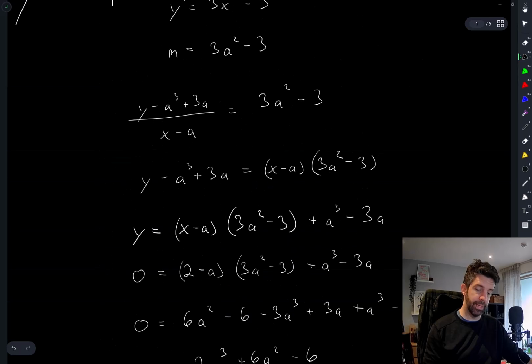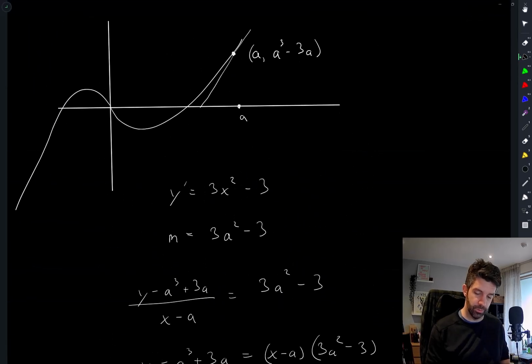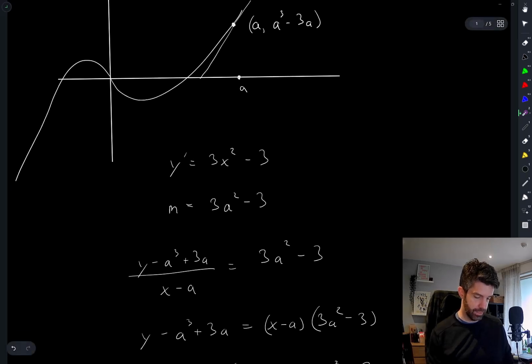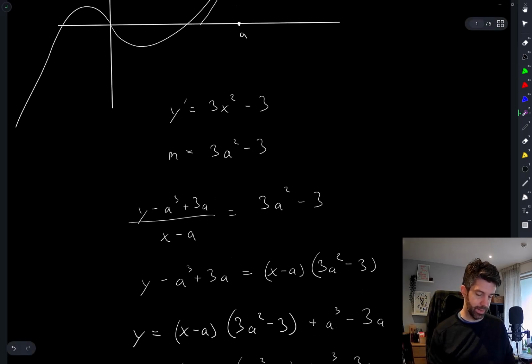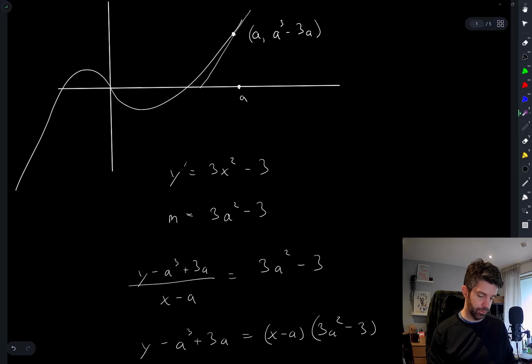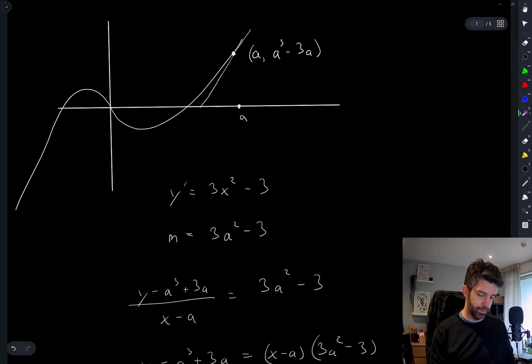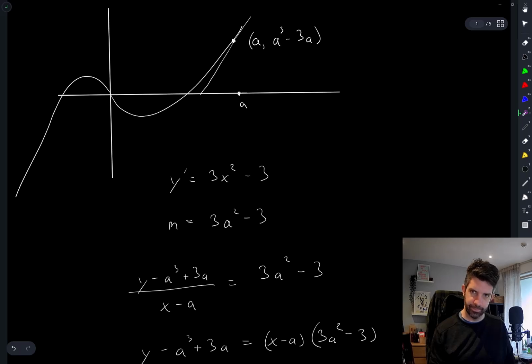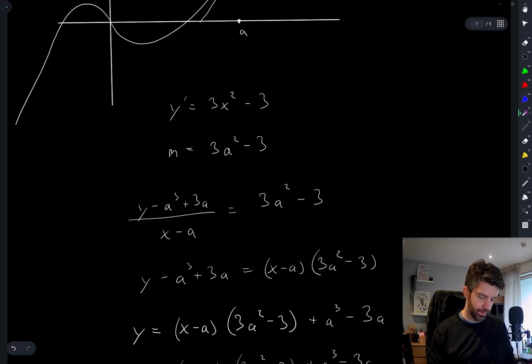Hoping that I didn't make any silly mistakes. Let's just do a quick run through of my algebra to make sure I didn't make an algebra error. So the slope is 3a squared minus 3. So I have the equation of the line: y minus one of its values divided by x minus its corresponding value is equal to the slope.